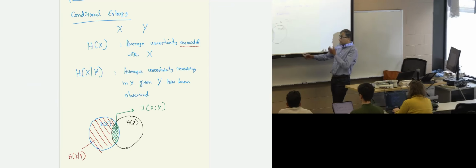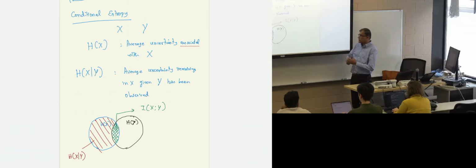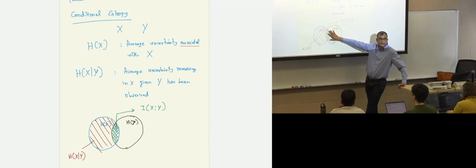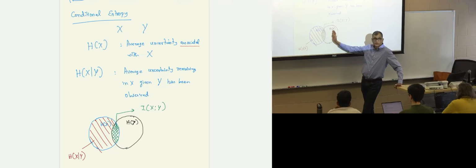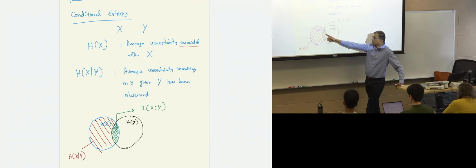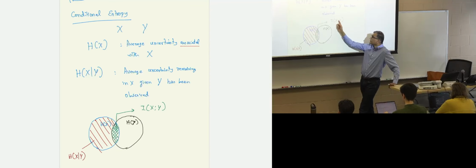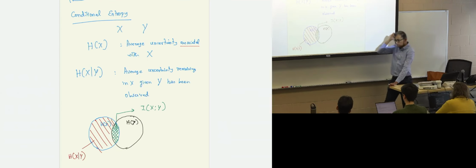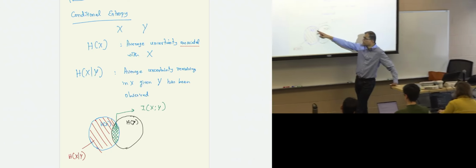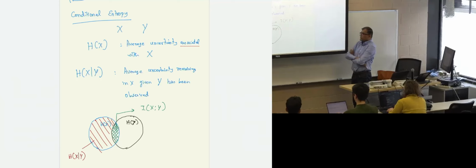The way you want to define this is, this is the average amount of information that you gain about one distribution if you know the other. Okay, so I of x semicolon y is I of y semicolon x, and this is symmetric. So it's basically this intersection, and it's a very important quantity, as we'll see in the next 50 minutes.